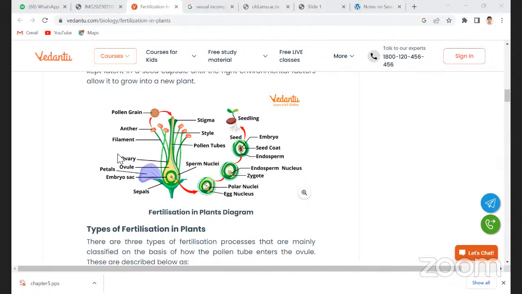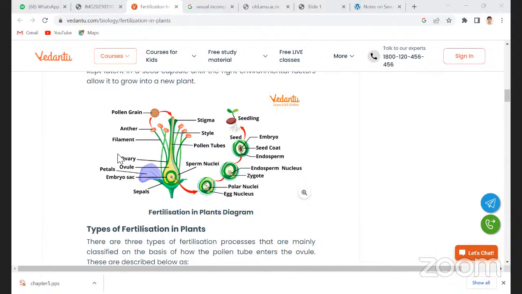In gymnosperms the endosperm is haploid, 1N, and formed before fertilization. In angiosperms, after fertilization, the endosperm is triploid. Triploid means how many? 3N.